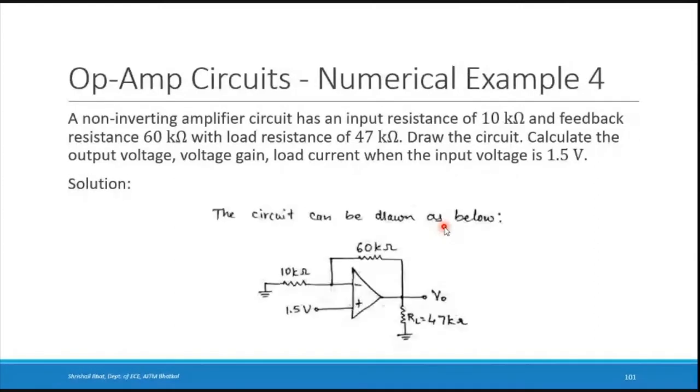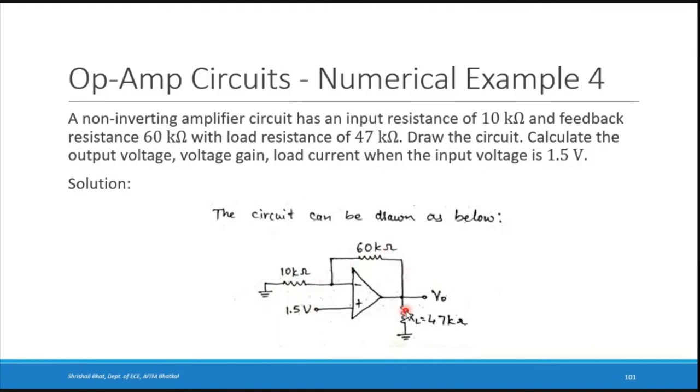So from the given parameters, you can draw this circuit like this. It is a non-inverting amplifier. So input is given at the non-inverting input terminal. It is 1.5 volts. Then input resistance R1 is given as 10K. Feedback resistance is given as 60K. Our circuit was limited only to these two resistances, R1 and RF.